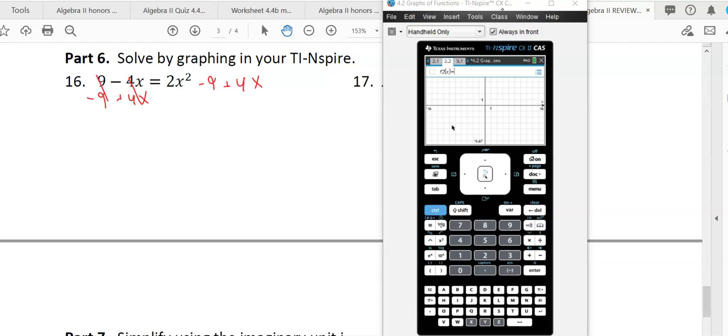So we'll graph that. So it'll be 2x squared minus 9 plus 4x. Looks like that.